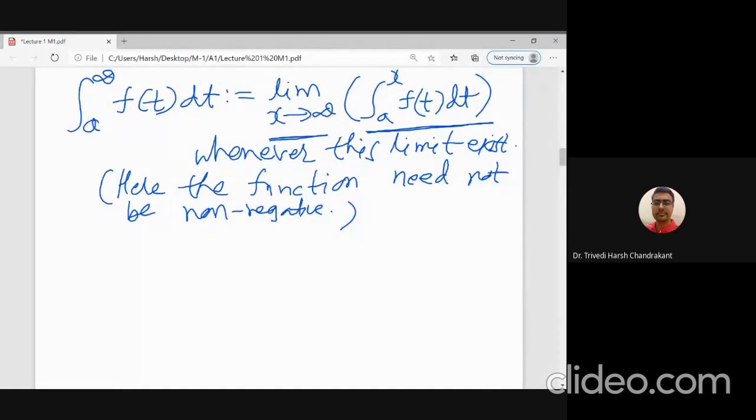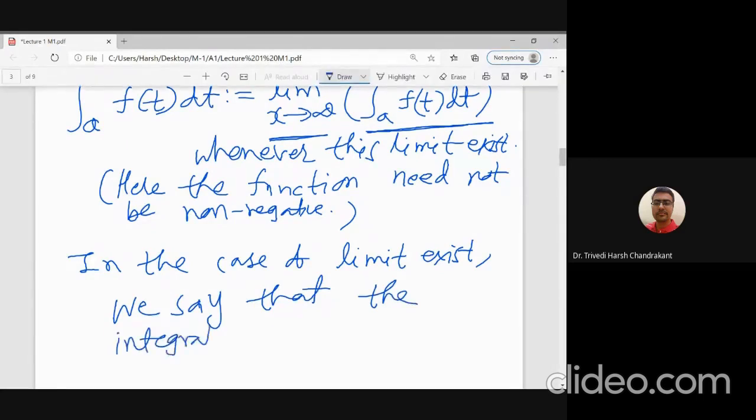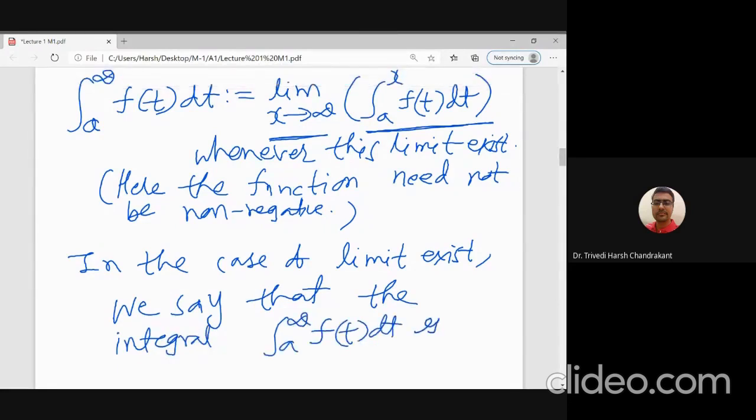So if this limit exists, we say that the integral a to infinity f(t) dt is convergent.